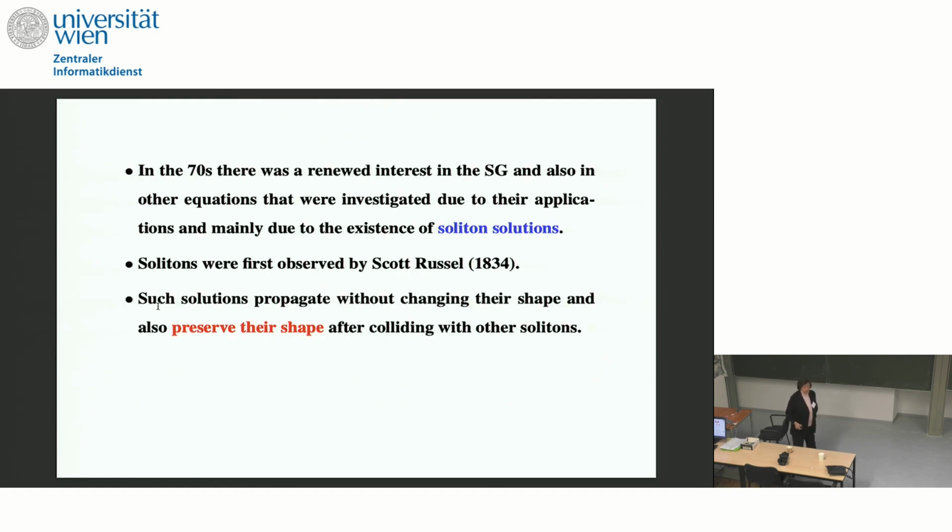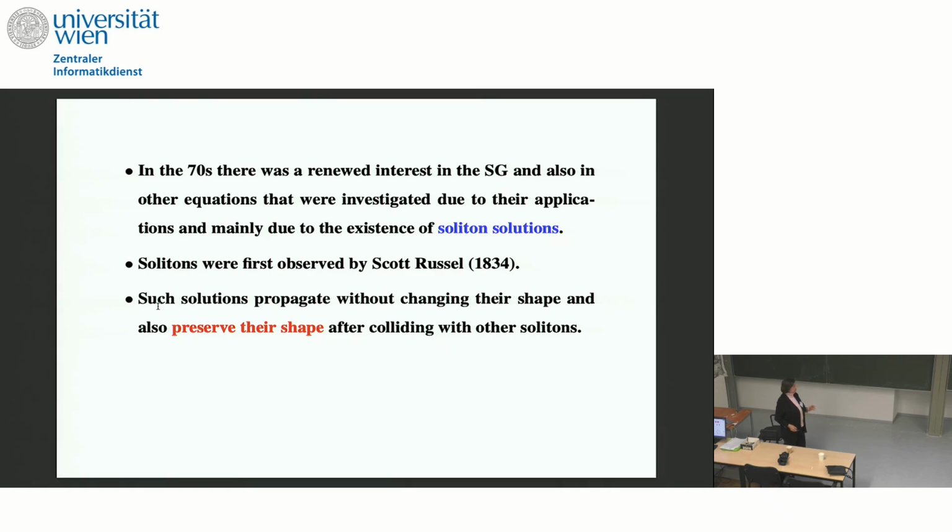Now, in the 70s, there was a renewed interest in the sine-Gordon equation and also in other equations because they were applied to many physical problems, and also because they had those special solutions called soliton solutions.